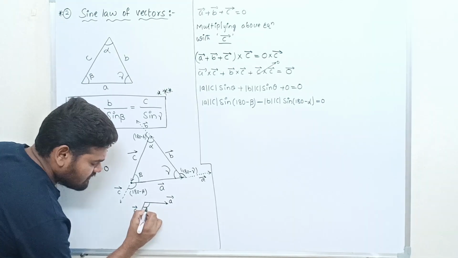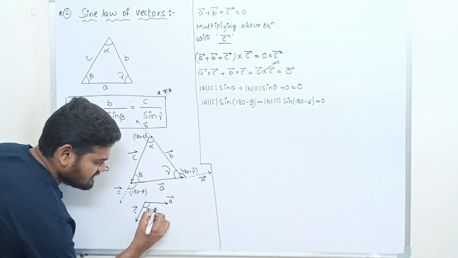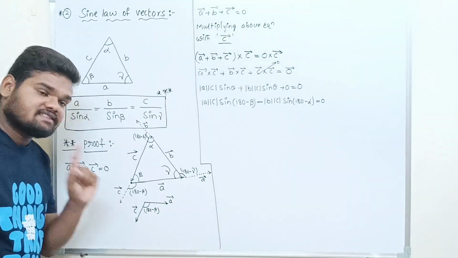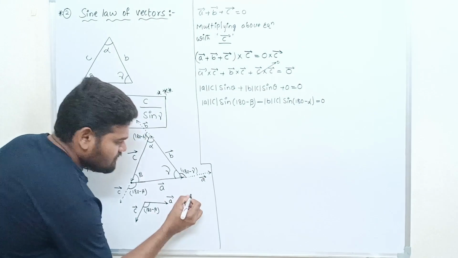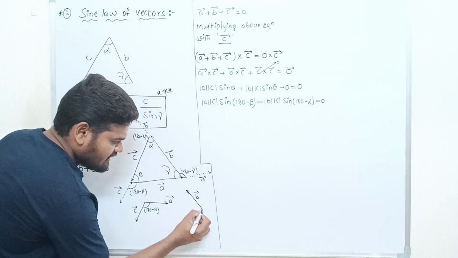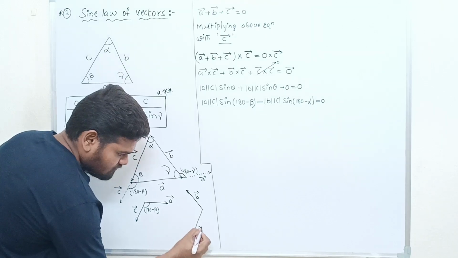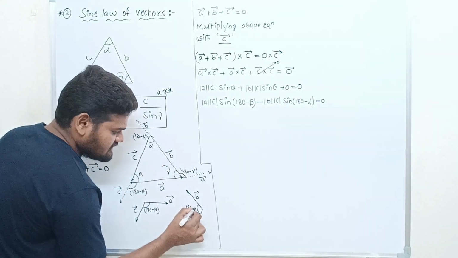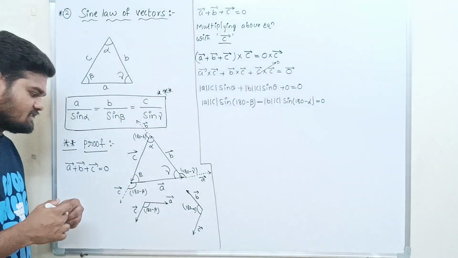What is the angle between them? 180 minus beta, and this is the smallest angle between a bar and c bar vectors. Similarly, this is the b bar vector and this is the c bar vector, and the angle between them is 180 minus alpha, the smallest angle between the two vectors.